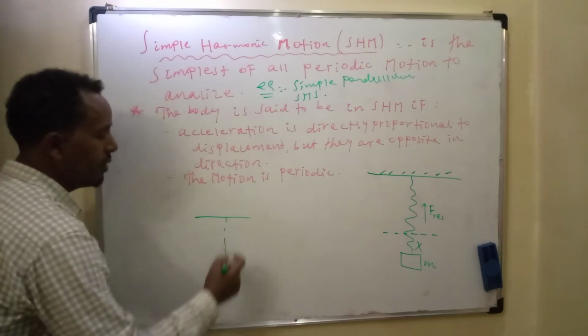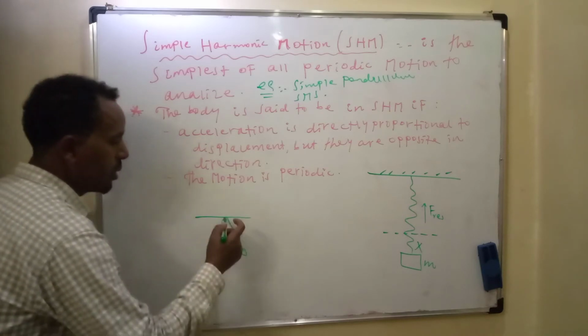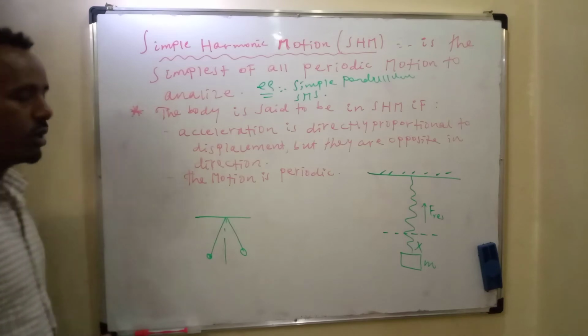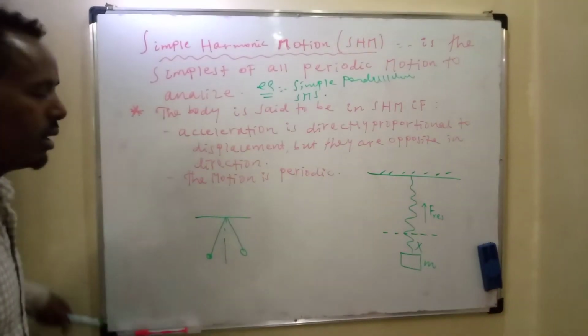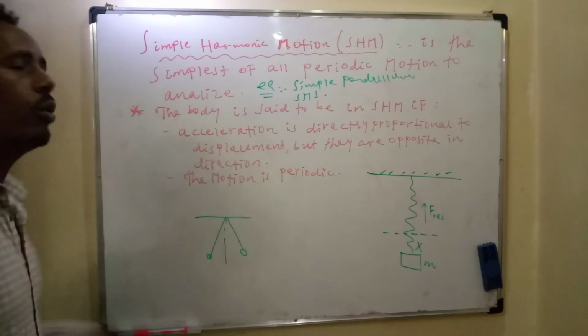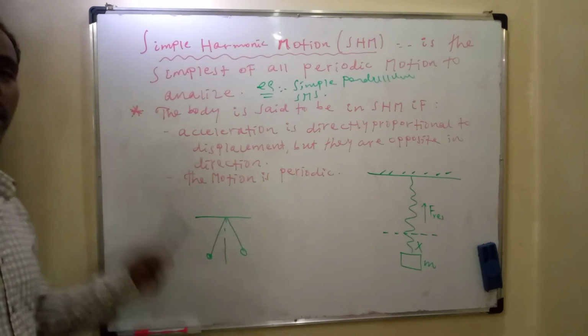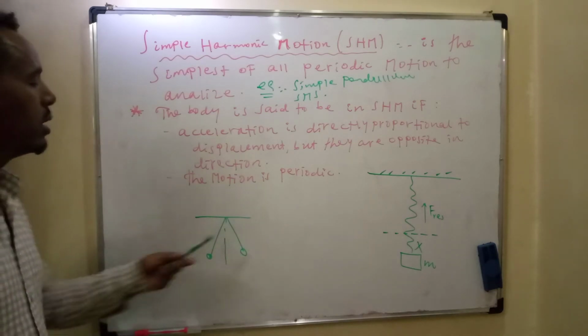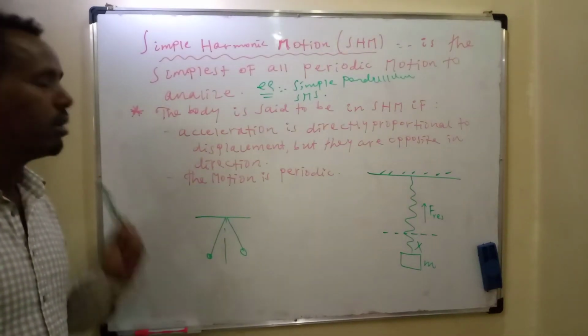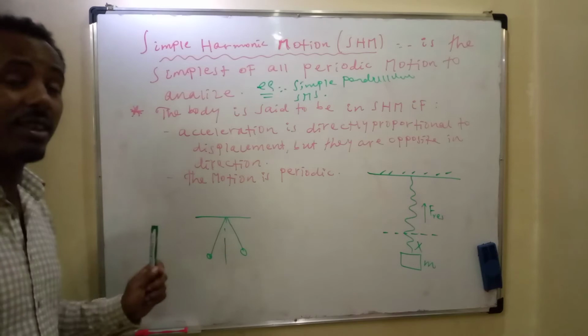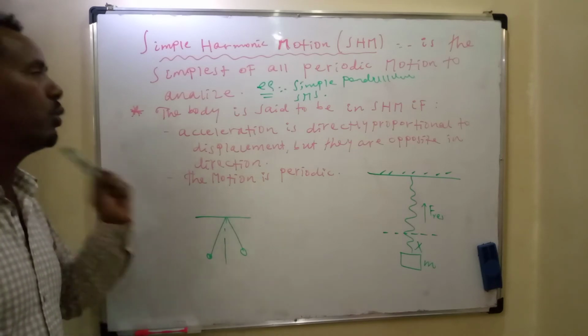Consider this simple pendulum. It oscillates here and there. It repeats itself at a regular interval of time. Because of this, it is periodic motion.